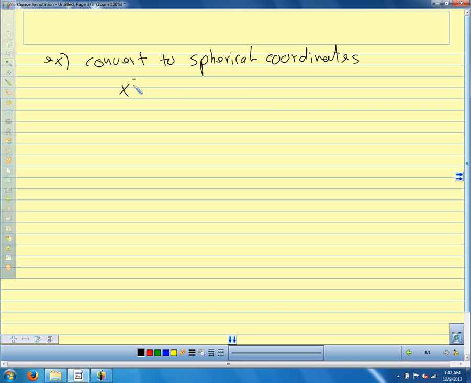A nice easy surface, x squared plus y squared equals z squared. So before we do our conversion, what kind of surface is this?